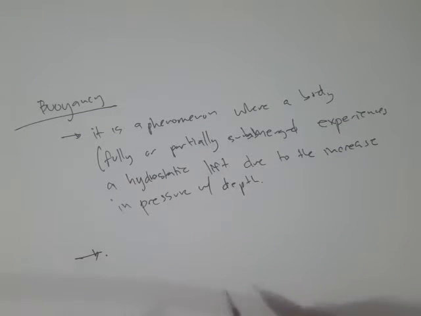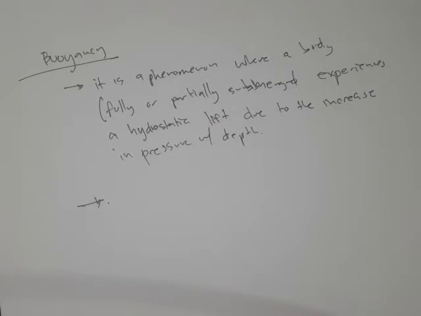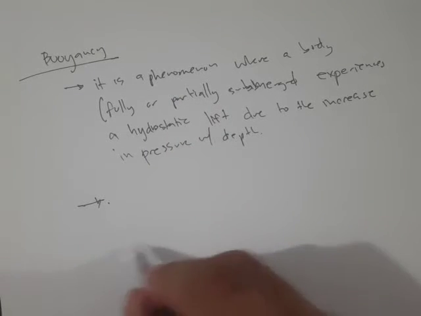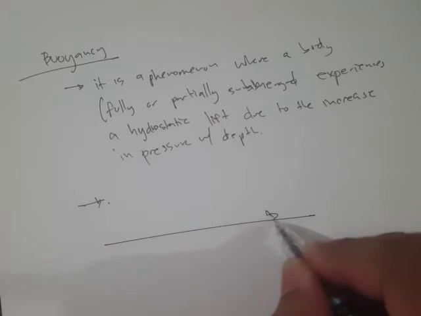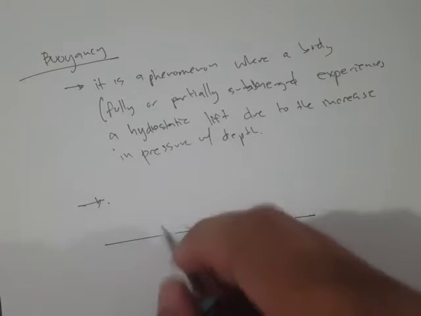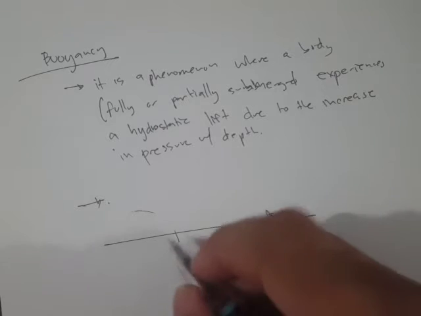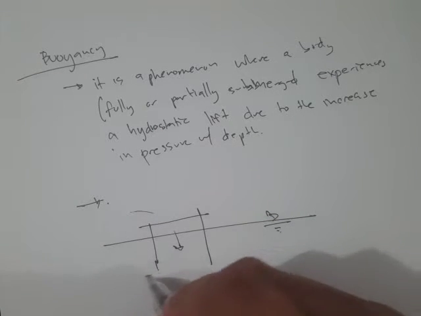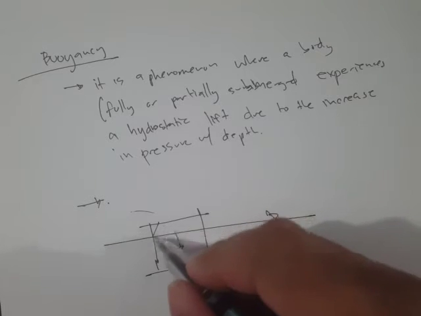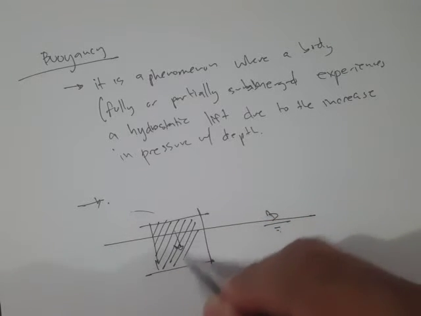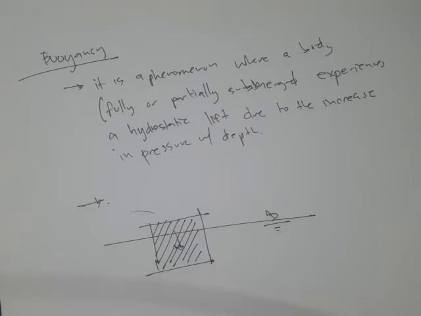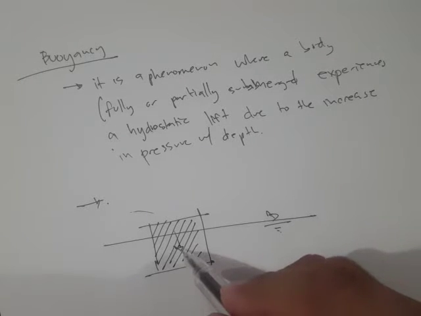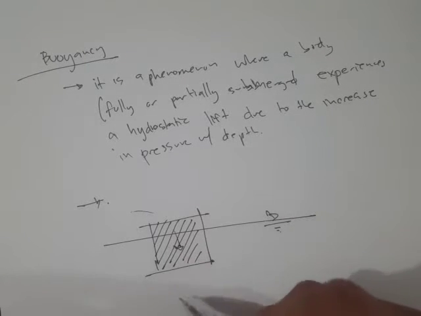Okay, so if we try to illustrate this scenario, for example, let's say we have a free surface, and we put a solid body in this static fluid. This body can either float or sink.